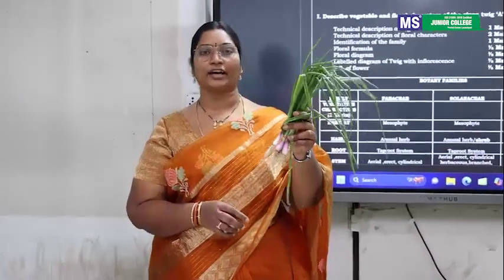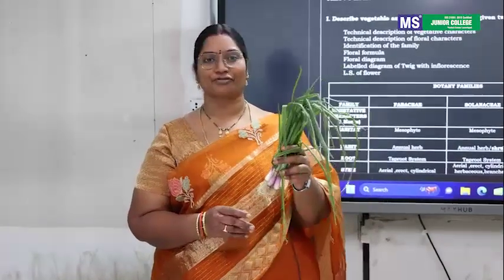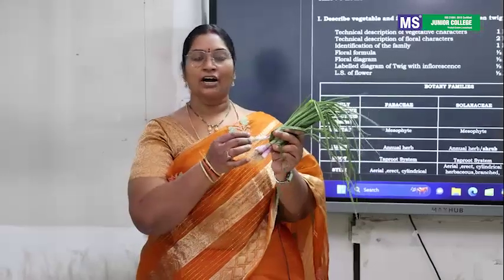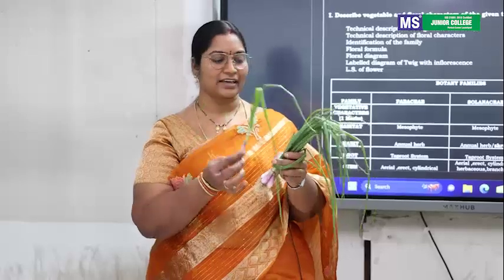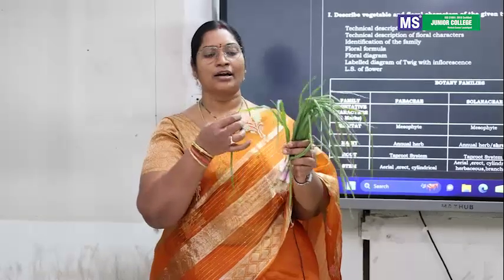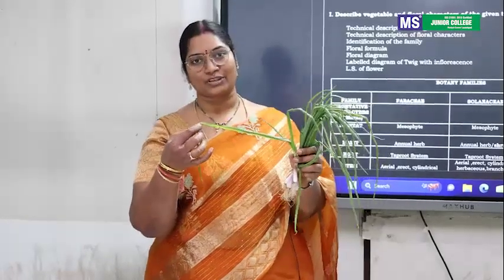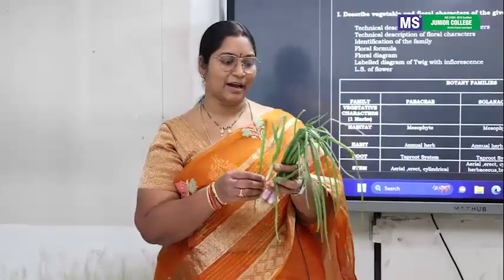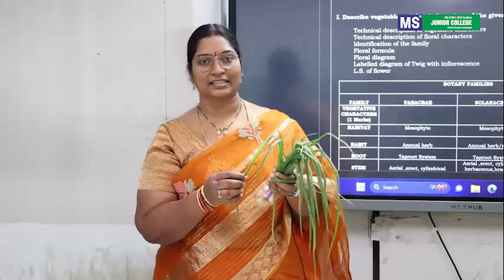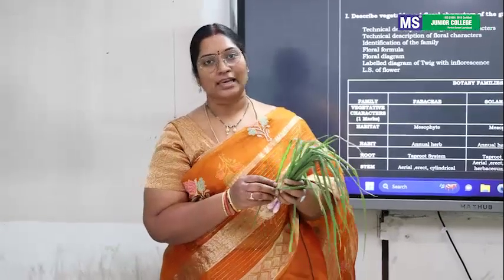These are spring onions; they will give this kind of twig to you. Here a fibrous root system is there, storage leaves are there, and the leaves have parallel venation. By observing this you can very easily say this belongs to the Liliaceae family.